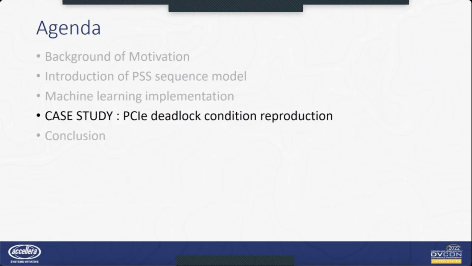We already announced the PCIe deadlock verification using PSS tool at DVCon in 2019. This time, we will show how to reproduce PCI deadlock condition with the PSS action sequence model using machine learning.